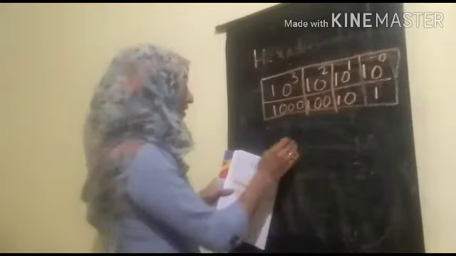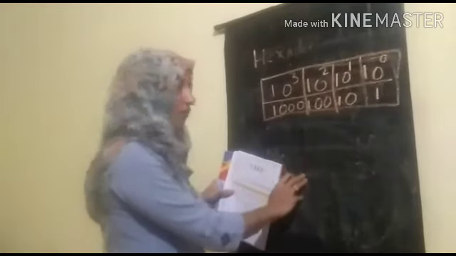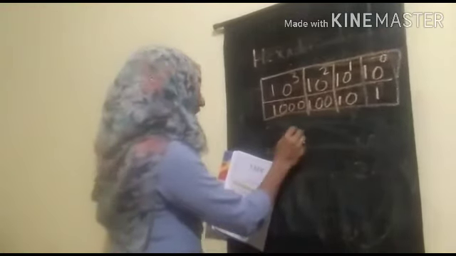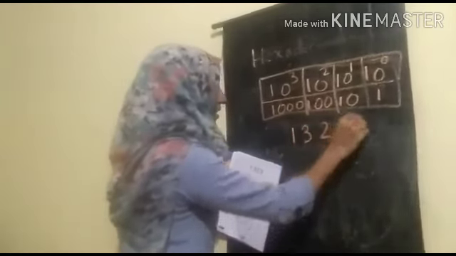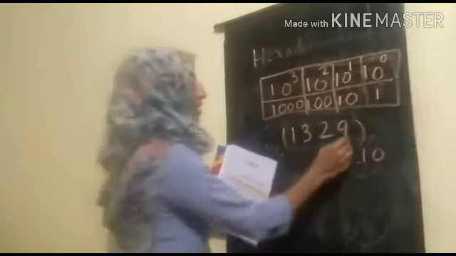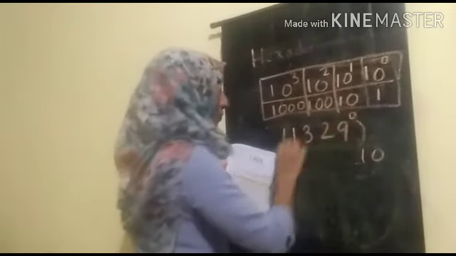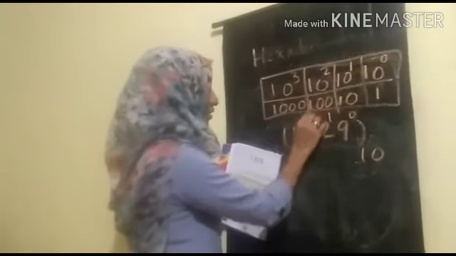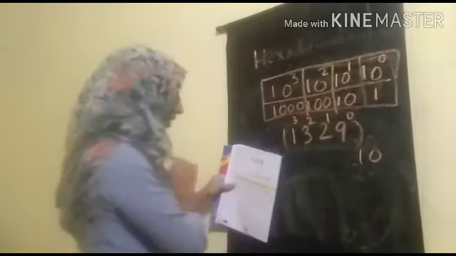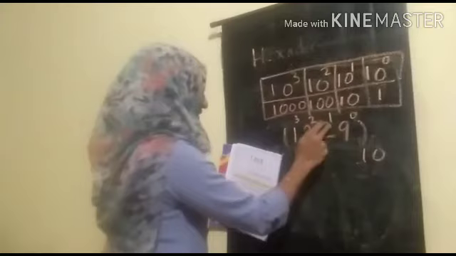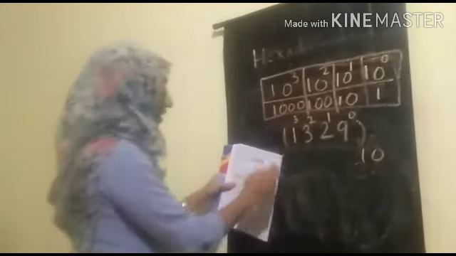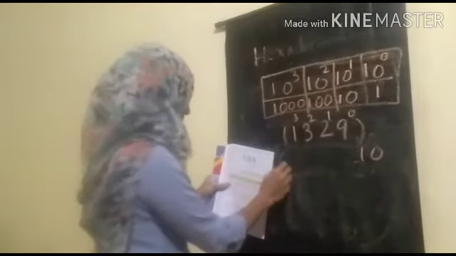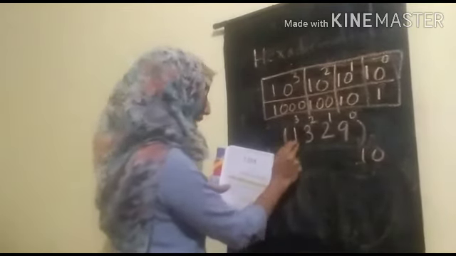Then how can we explain the place value of the decimal number system? I am giving the decimal number 1329. This is the 0th power, 1, 2, 3: ones, tens, hundreds and thousands. Now we write, this is the base 10.